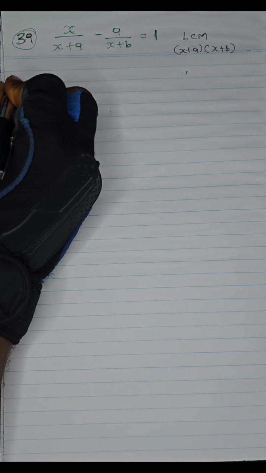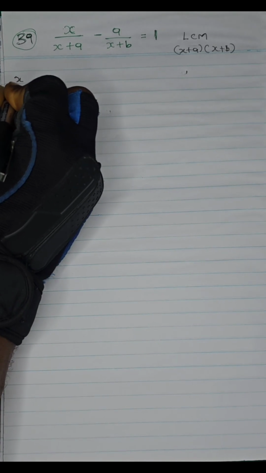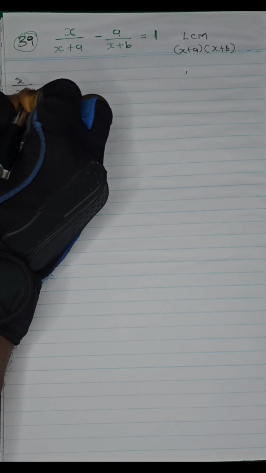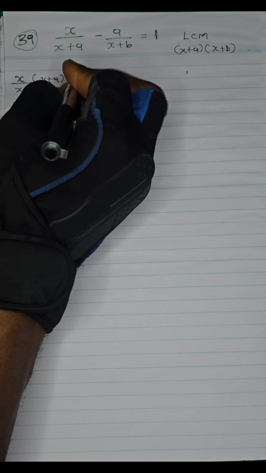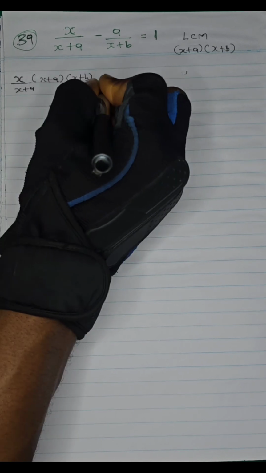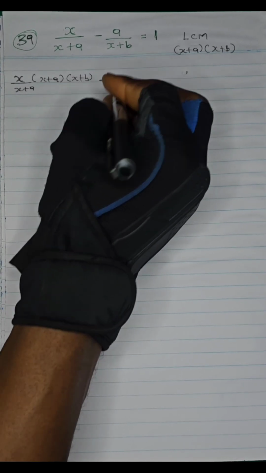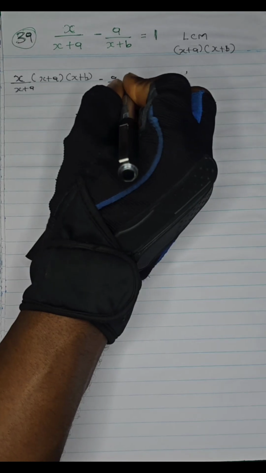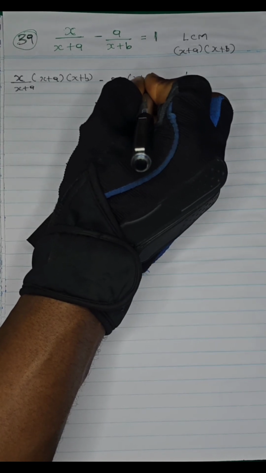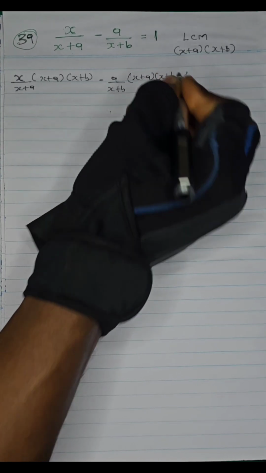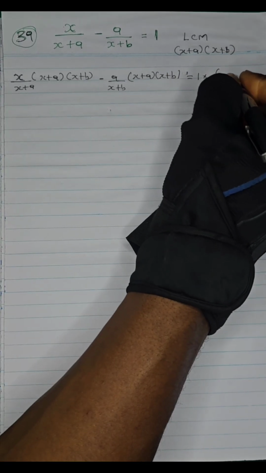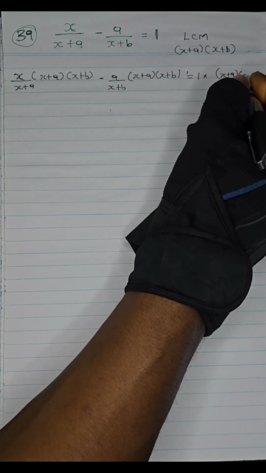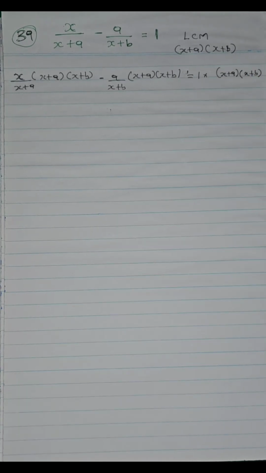So we have first x over x plus a, all multiplied by x plus a, x plus b, minus a over x plus b, all multiplied by x plus a, x plus b, equal to 1 times x plus a, x plus b.